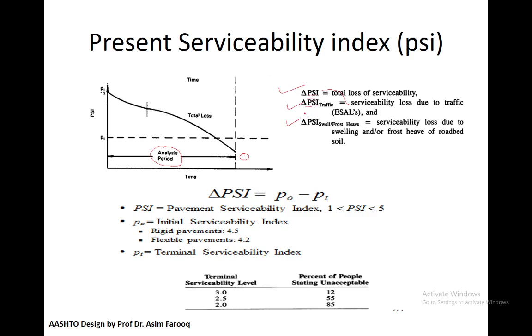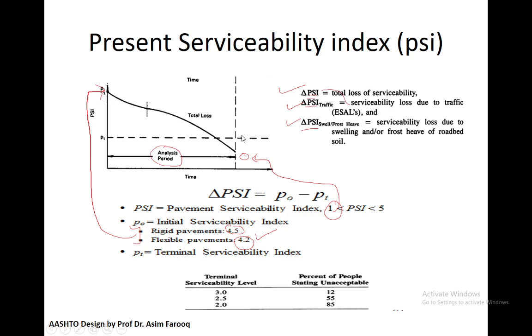So delta PSI is basically the total loss of serviceability. Serviceability in that sense is PSI, meaning our present serviceability. Basically, when we build a very new or fresh pavement and provide it for traffic operation, after a few years its level goes down or cracks appear.